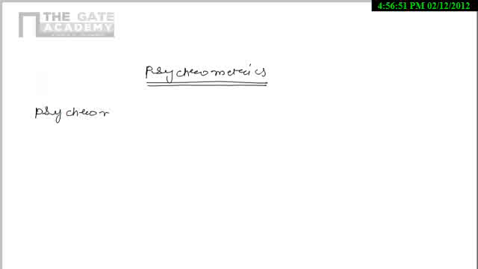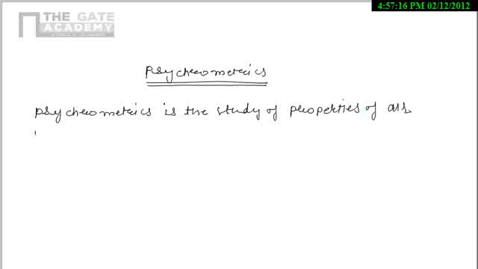Psychrometrics is nothing but the study of properties of air-water vapor mixture. So we can write, psychrometrics is the study of properties of air-water vapor mixtures.